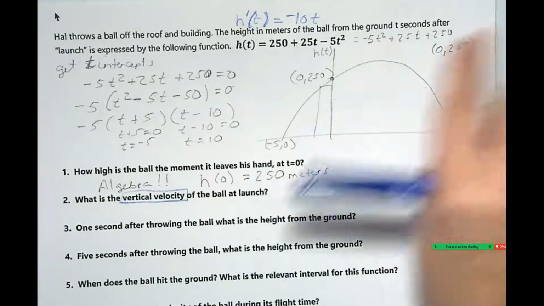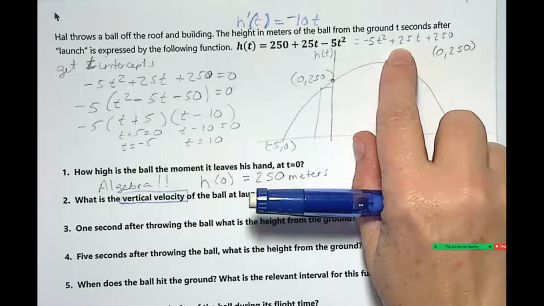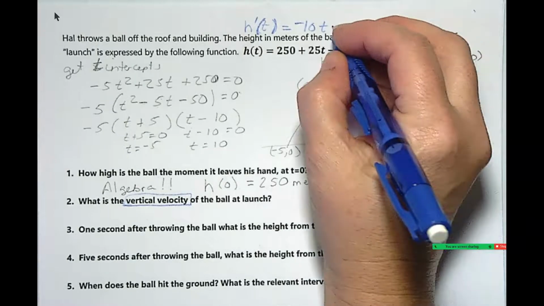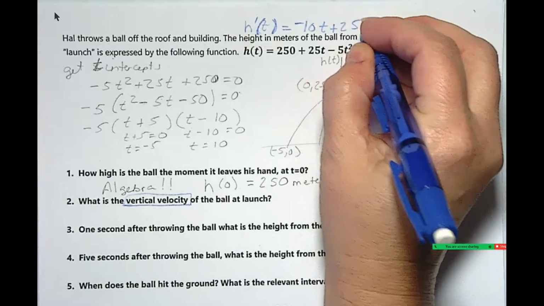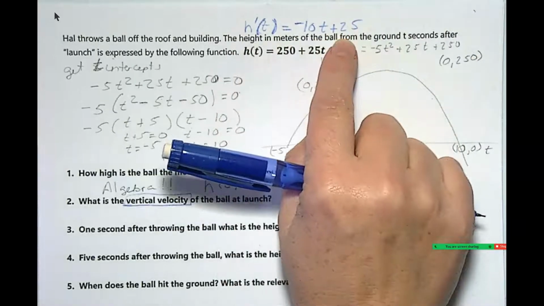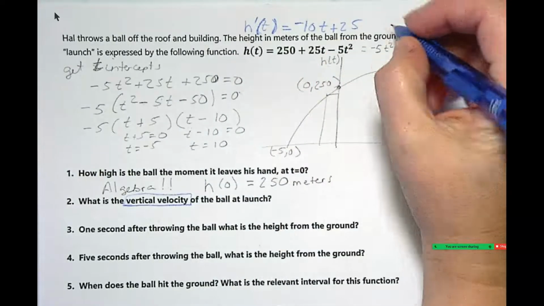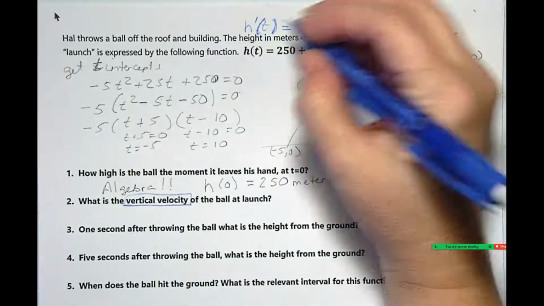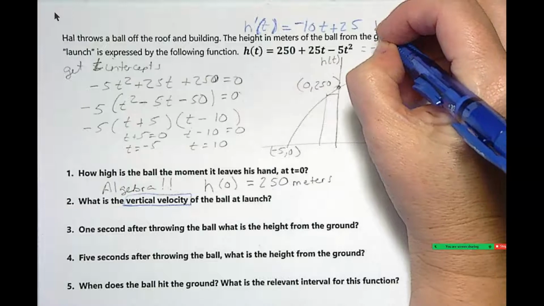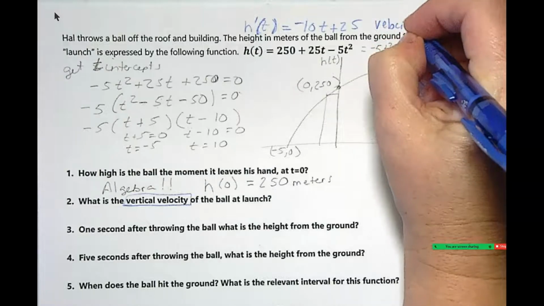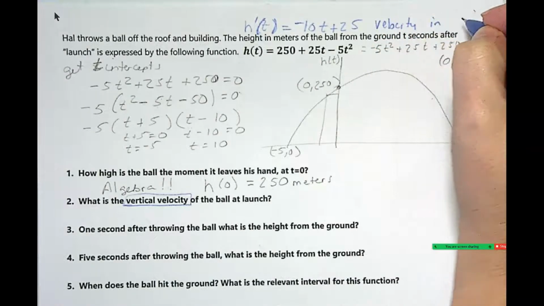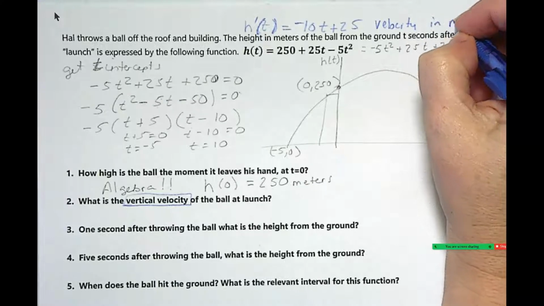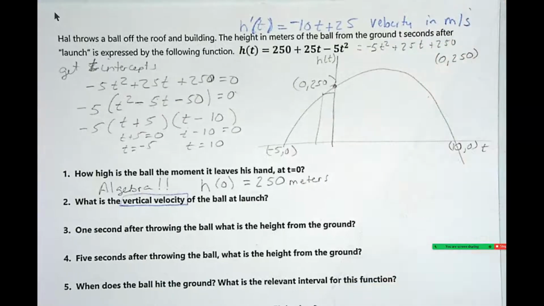Yep, 25, because the rest of this is basically linear, so it's just the slope of the rest of it, plus 25. So there is our derivative, and h prime of t is velocity in, let's see if I'm still on screen, meters per second. Okay, so that's velocity.